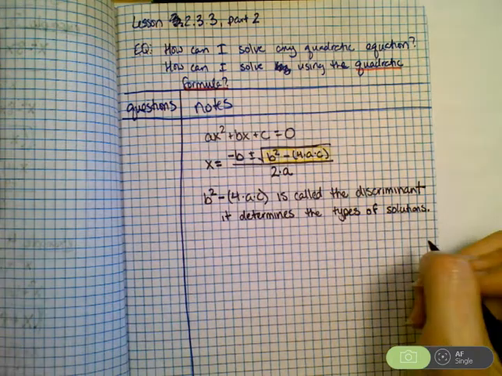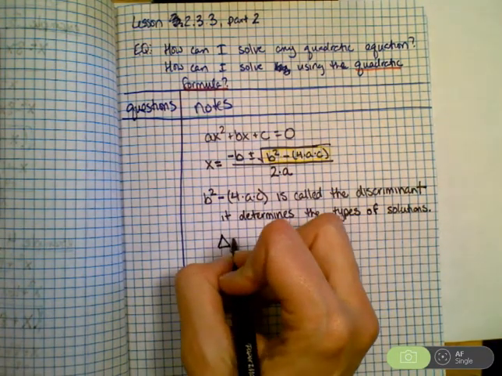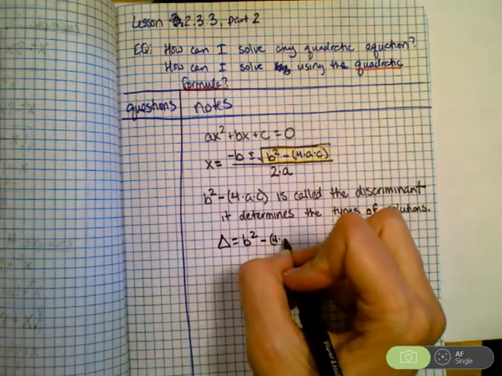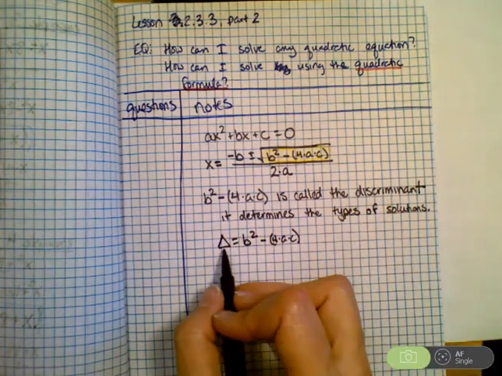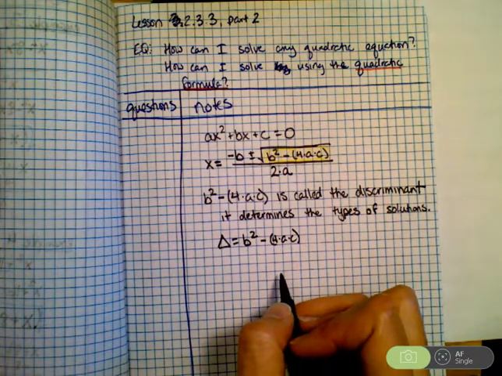Particularly, it tells us if our solutions are going to be real or imaginary. Often a triangle, for some reason, is used to denote the discriminant. So when you see that triangle or that delta symbol, that equals b squared minus 4ac.